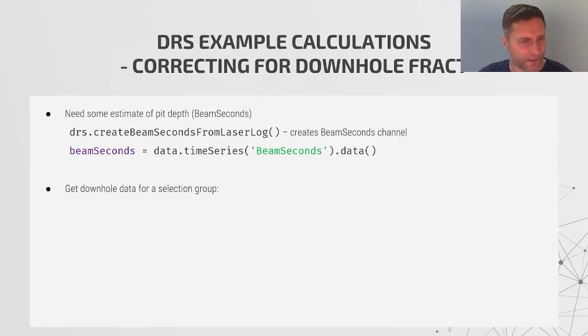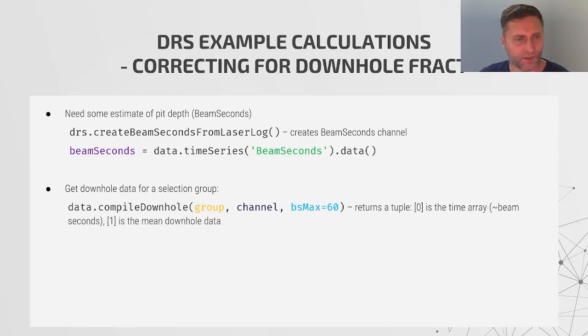Now, to get the average downhole data for a selection group, we can use this compile_downhole function that's provided from the data manager. What this does is you tell it what group you want the data for, what channel you want the data for, and you can also pass it this optional beam_seconds_max parameter, so that when the data go above that value, it won't include those data anymore.